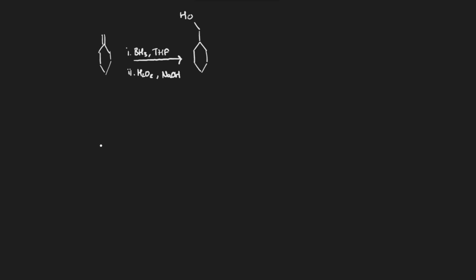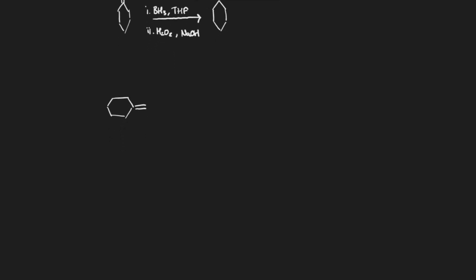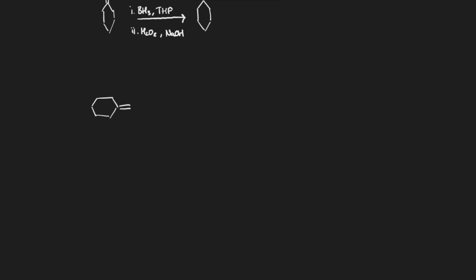Okay, let me just draw it lengthways here, and essentially what's going to happen here is the double bond from this carbon is going to attack this hydrogen here, and this boron is going to bond to this carbon here, and how to represent that is just this white curly arrow that I've shown here.